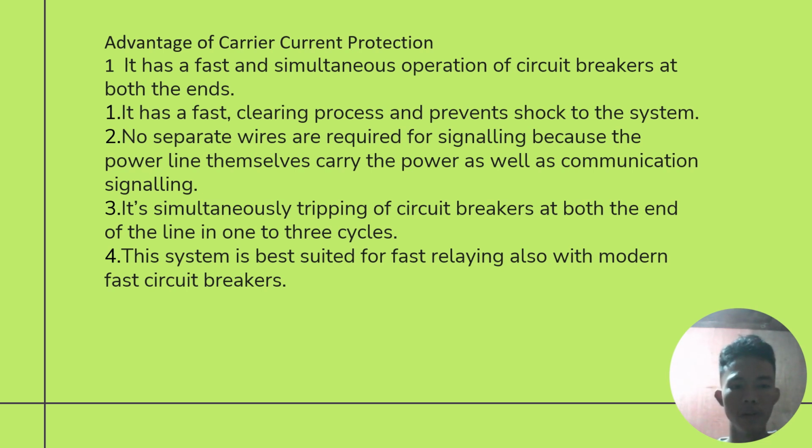Number two, no separate wires are required for signaling because the power line itself carries the power as well as the communication signal channeling. Number three, it is a simultaneous tripping of circuit breakers at both ends of the line, in 1 to 3 cycles. Number four, the system is best suited to fast relaying, also with modern fast circuit breakers.